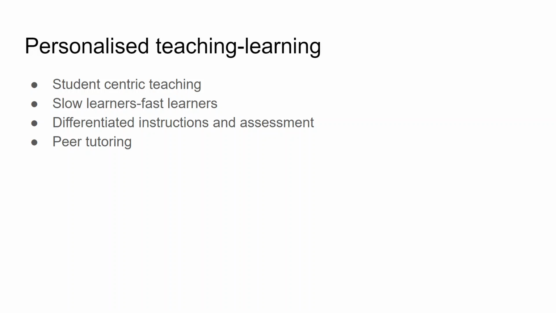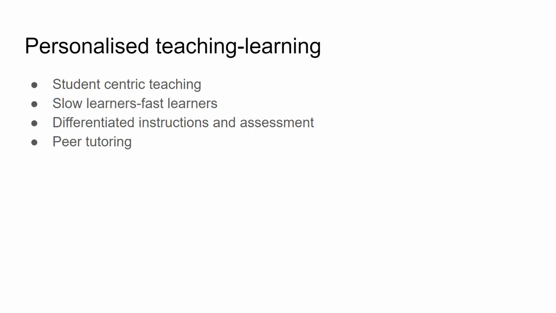So that each and every student in the class can have equal opportunity for learning, as we saw in the case of flipped classroom also. Peer tutoring can help in this case.